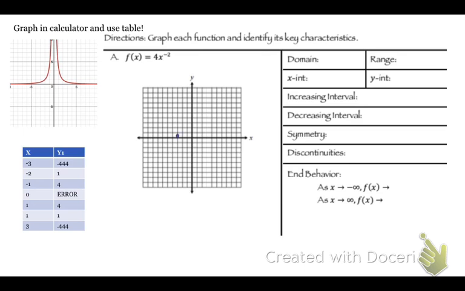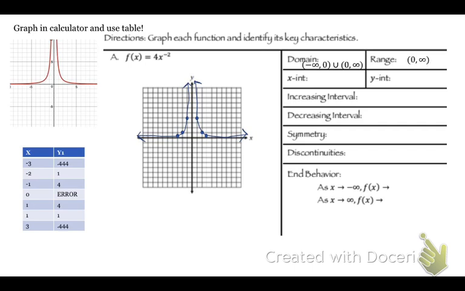If we graph this, negative 3, 0.44, negative 2, 1, negative 1, 4, 1, 4, 2, 1. Sorry, this should be a 2. And then 3, 0.44. There you go.